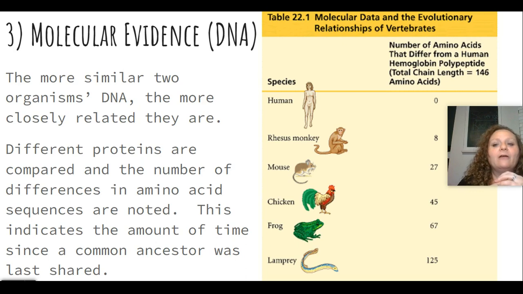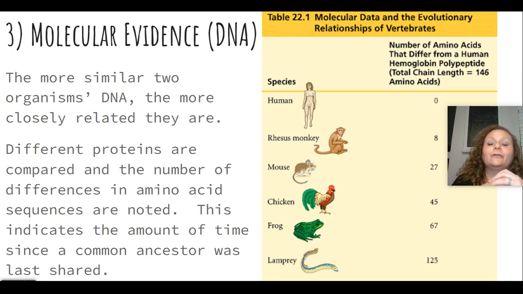So the higher number of protein differences or differences in amino acid sequences in specific proteins gives us an idea of how long it's been since we shared a common ancestor or how closely related we are. Those that are more closely related, we're going to be seeing less differences.